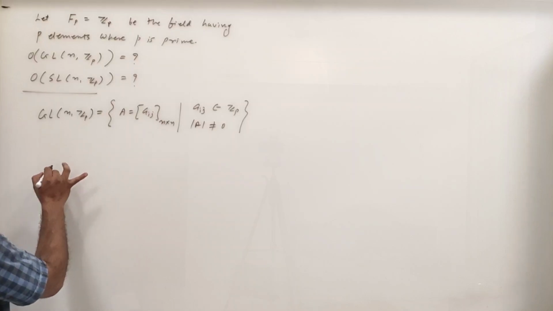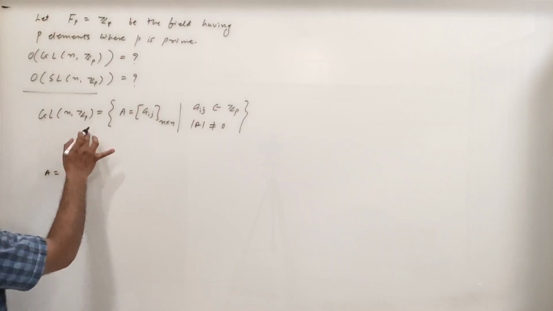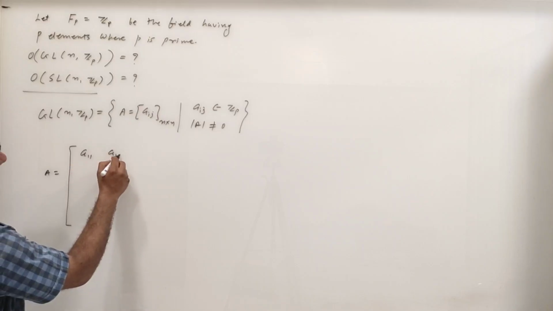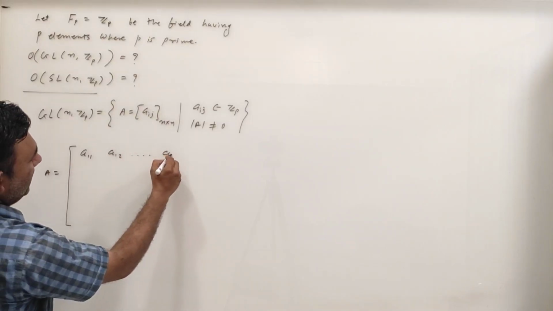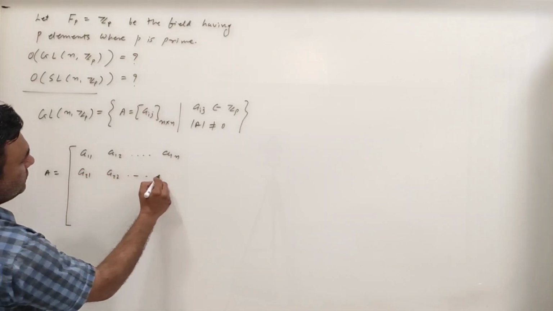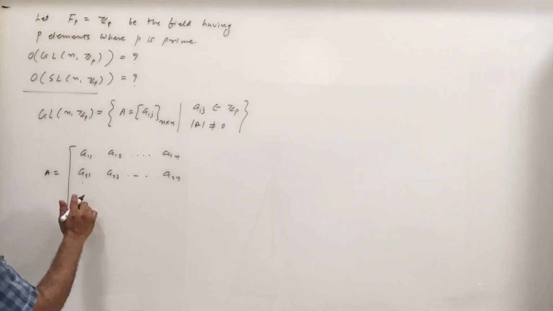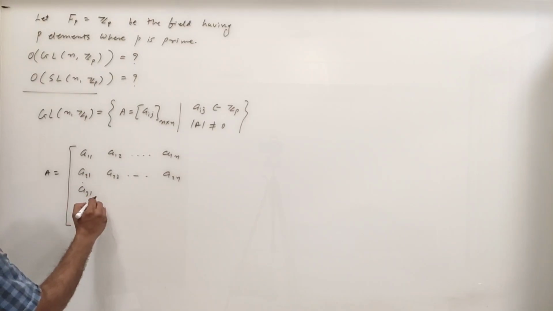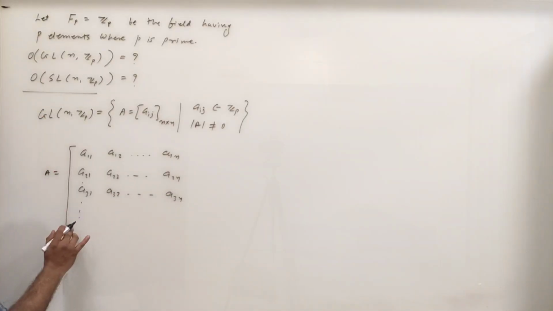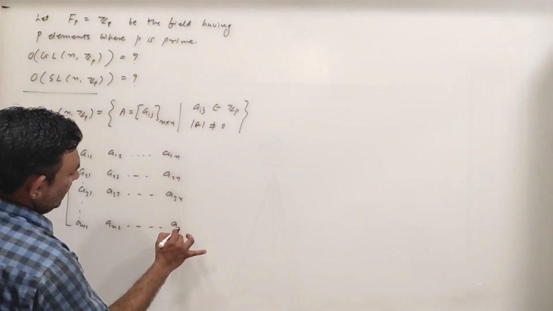Then what we have to do, consider one element, say A, from GL_n(Z_p), then it will look like a11, a12 and so on, a1n, a21, a22 and so on, a2n and so on. Let me write one more row, a31, a32 and so on, a3n, and so on, an1, an2 and so on, ann.